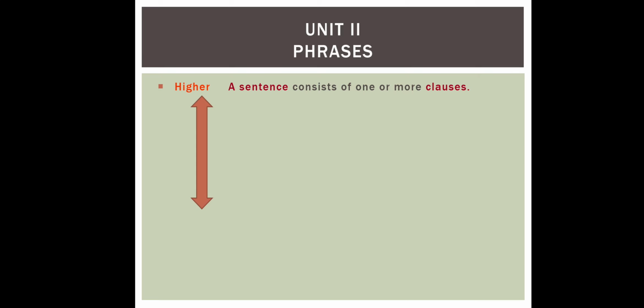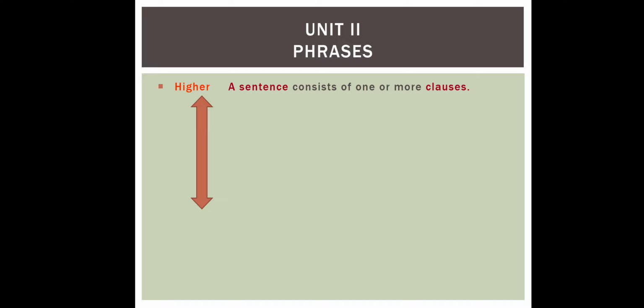As you know, a sentence consists of one or more clauses. So before we start phrases, we must have some knowledge of the hierarchy of units in the English language.